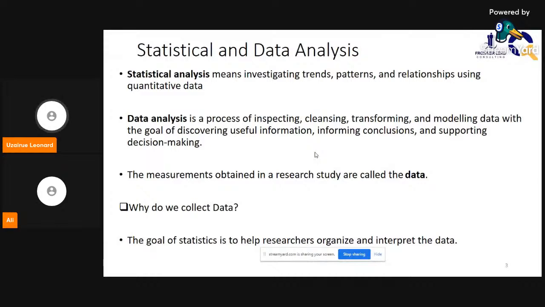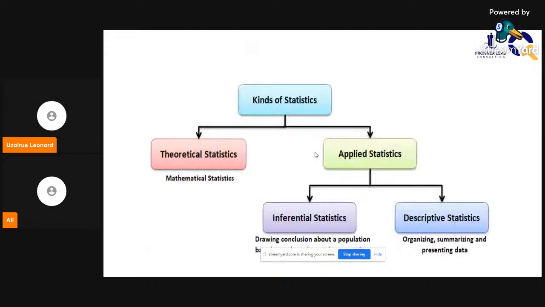So the reason for statistics is basically to organize and interpret data to have useful information that will enable your client, or enable you, to make informed decisions. Now, when we talk about statistics, we have two broad types.